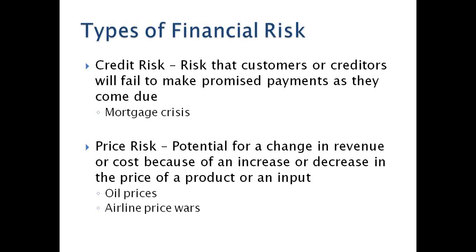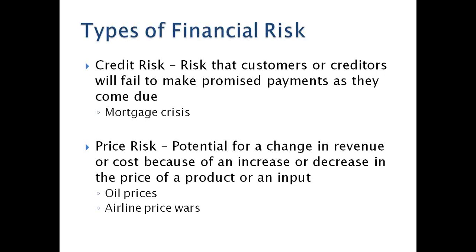Now, I always use Southwest as an example because they were one of the first airlines to actually do hedging way back. They're the most sophisticated at it. So while everyone else was raising their prices and charging additional fees because of the volatility of jet fuel, they were able to hold their prices steady, and so they didn't see the change in revenue as much as the other airlines did. And so that's a good example when you think about price risk.